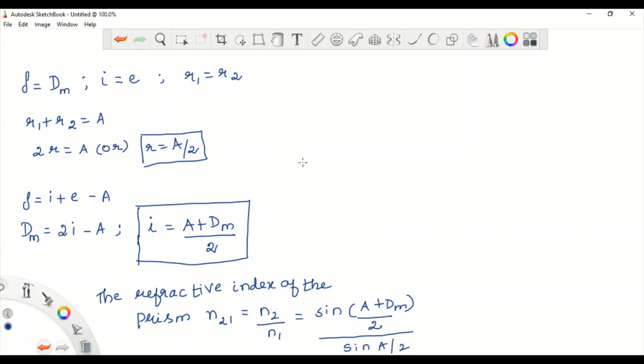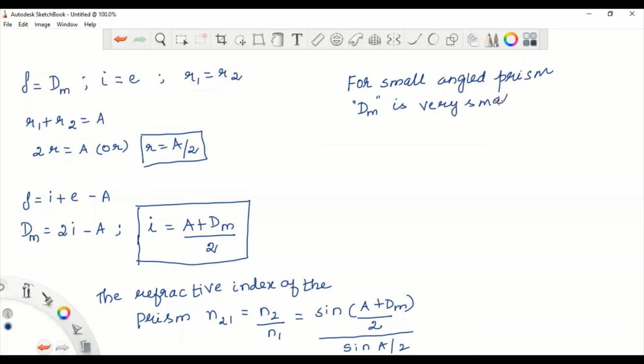Now let us consider a small angled prism, that is a thin prism. Okay. This dm is very, very small.